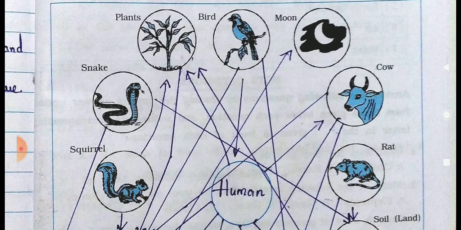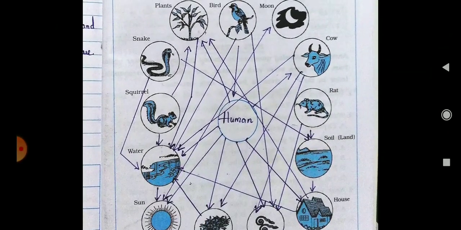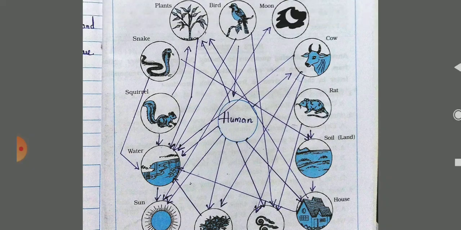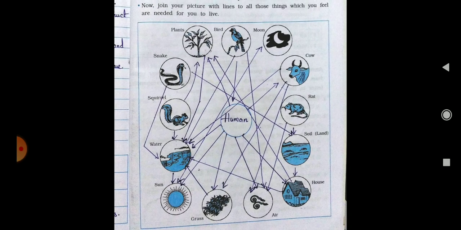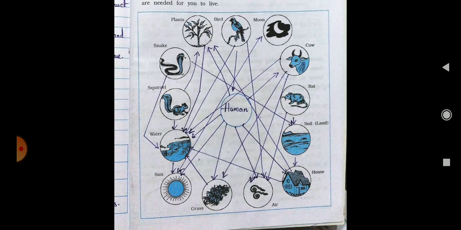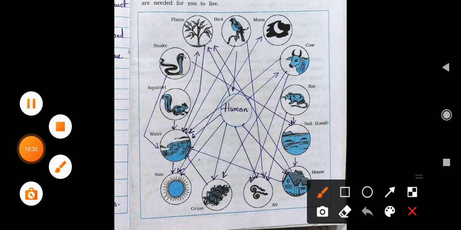You can see here you have to draw in the circle. You can draw your own face or write here human. Human beings need all these things. They are attached with all of these. So you have to match the things which are attached with each other.